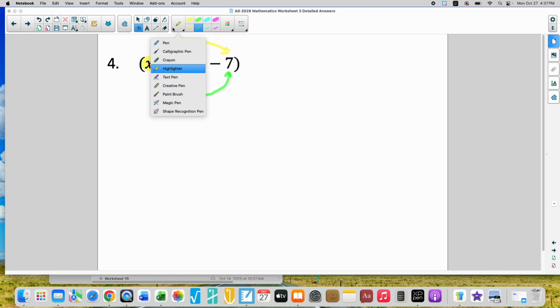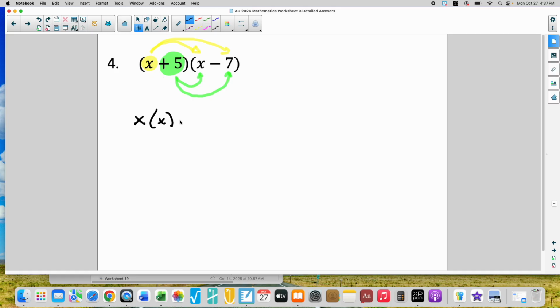So if we do the steps, x times x plus x times negative 7 plus 5 times x plus 5 times negative 7.